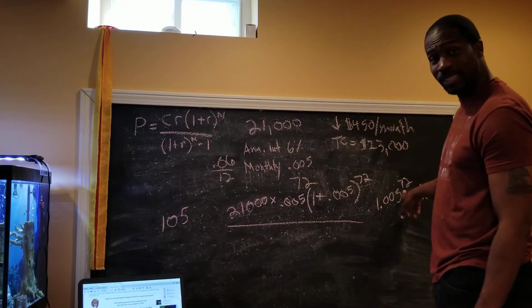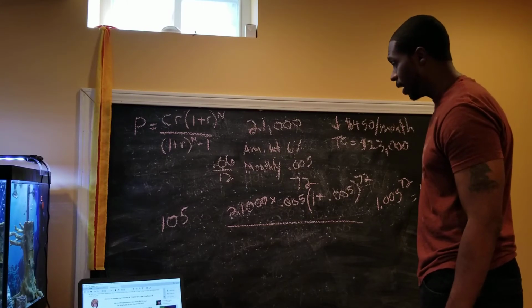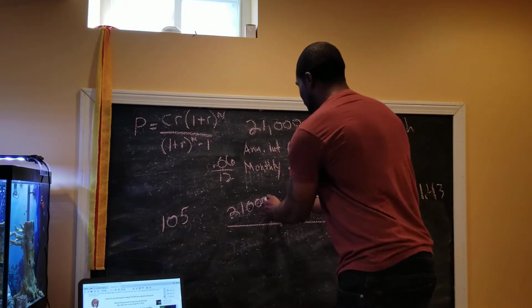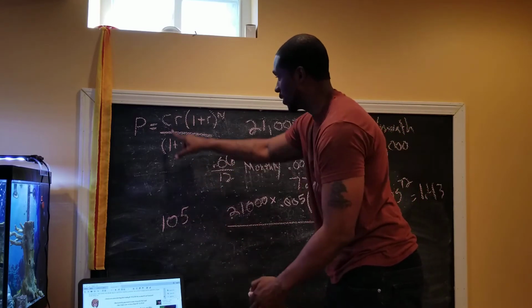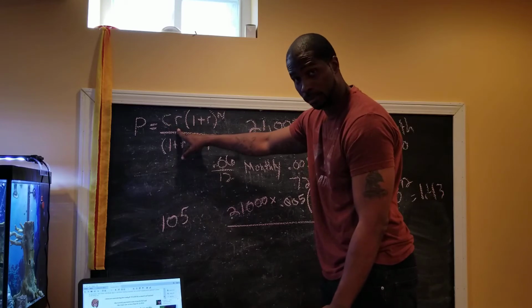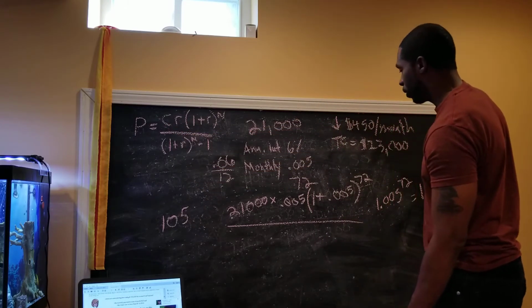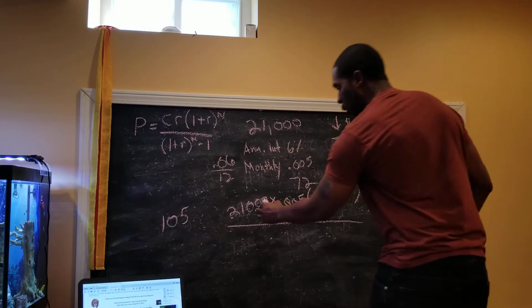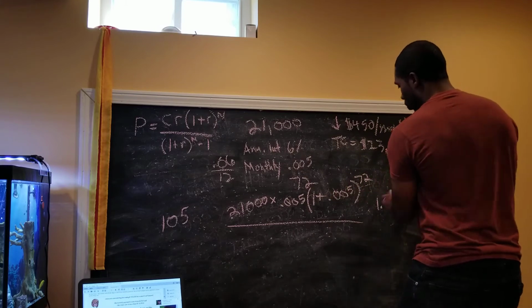Raise that to the 72nd power, that is 1.43. Okay? So, 21,000 times 0.005 gives you 105, right? That's C times R. Multiply that by 1.43, right? So 21,000 times 0.005 times 1.43.